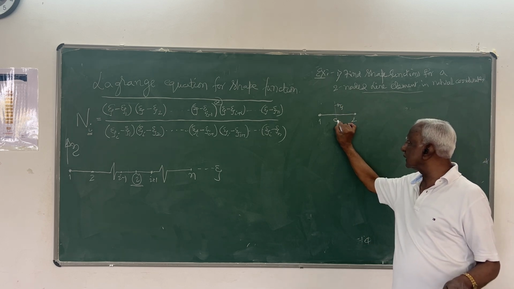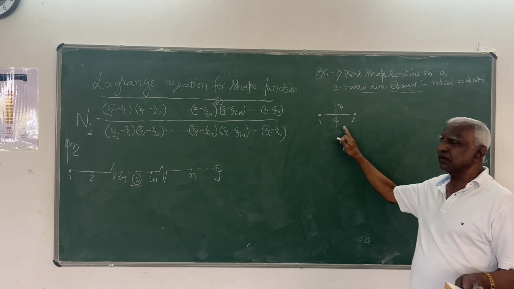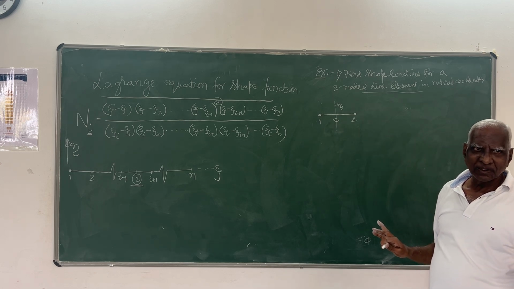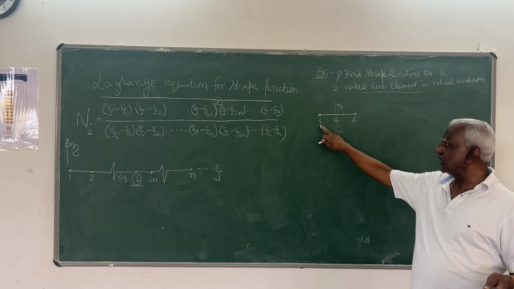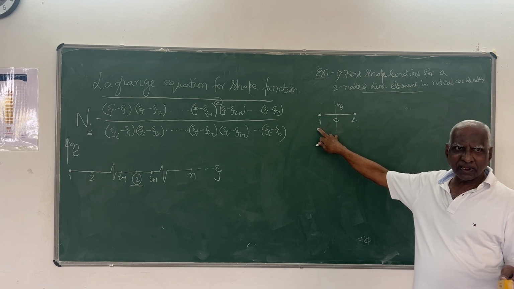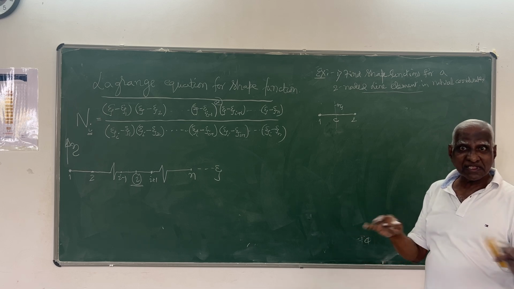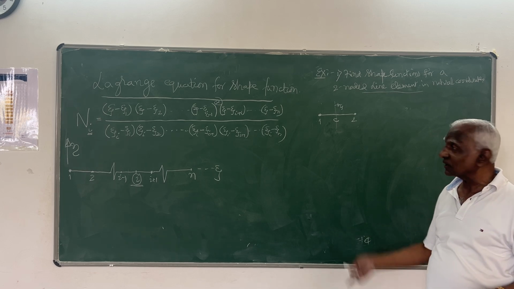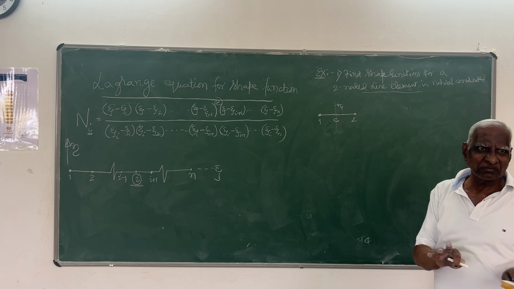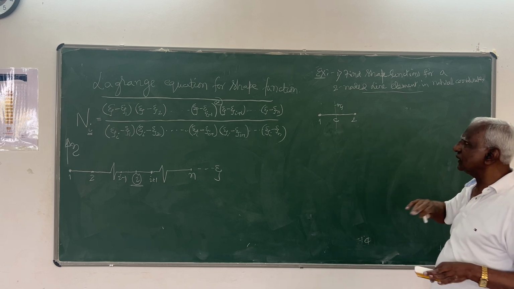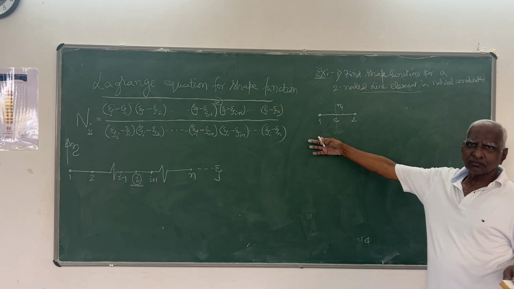So if this is length L, this is L by 2, L by 2. Already you know the shape functions are 1 minus psi by 2, 1 plus psi by 2. Already by inspection, I have used that. Now I am deriving that.